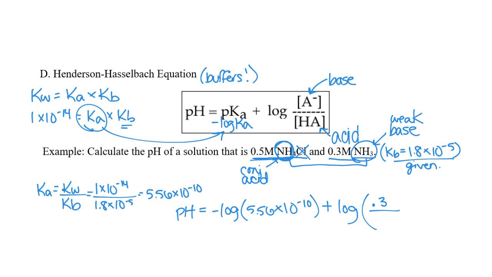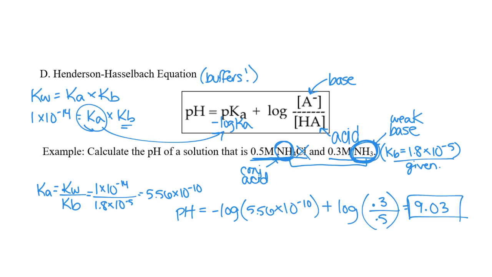That's where my NH4 comes in. So 0.5 is going to go down here on the bottom. Plug all that into your calculator. Make sure that you're good with your negative log and plus log of all that stuff. Put it into your calculator correctly. You should get a pH value of 9.03, which makes sense because I'm dealing with a basic solution with the conjugate acid that's there.